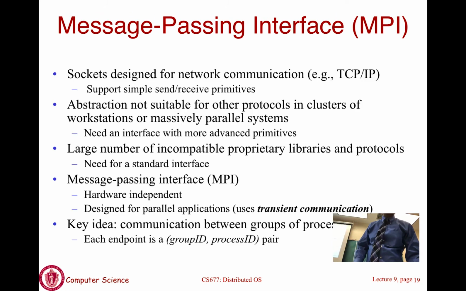Then I'm going to quickly talk about MPI, or message passing interface, which generalizes this notion. We'll continue that discussion maybe next time. In the case of MPI, you have a specialized library that is designed for very high throughput parallel processing on a cluster of machines.